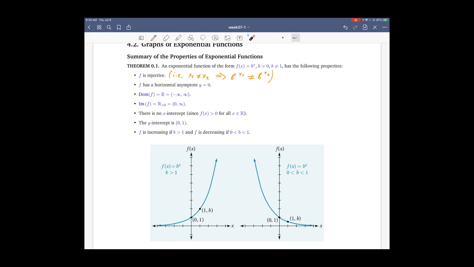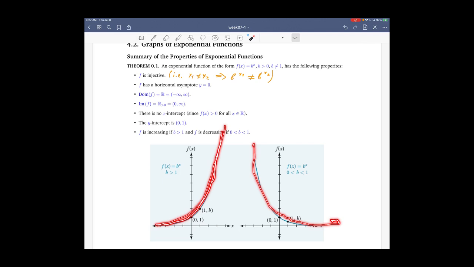And indeed, when we look at the graphs of b to the power x for either b greater than 1 or b in between 0 and 1, we see that in the first case the function is monotone increasing, and in the latter case the function is monotone decreasing. Either way, it is injective.